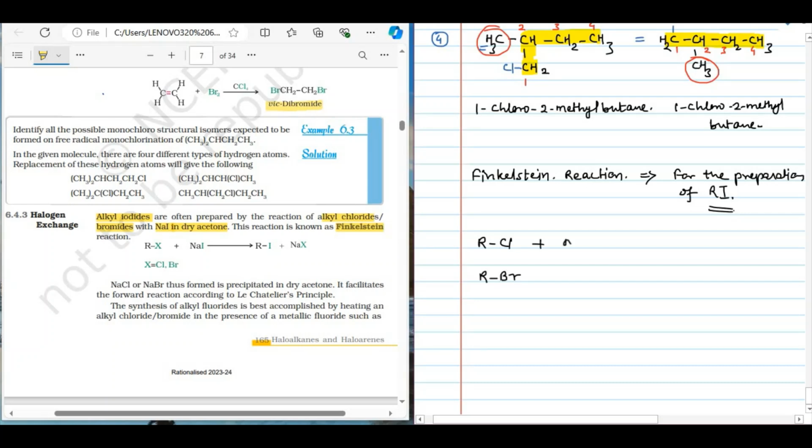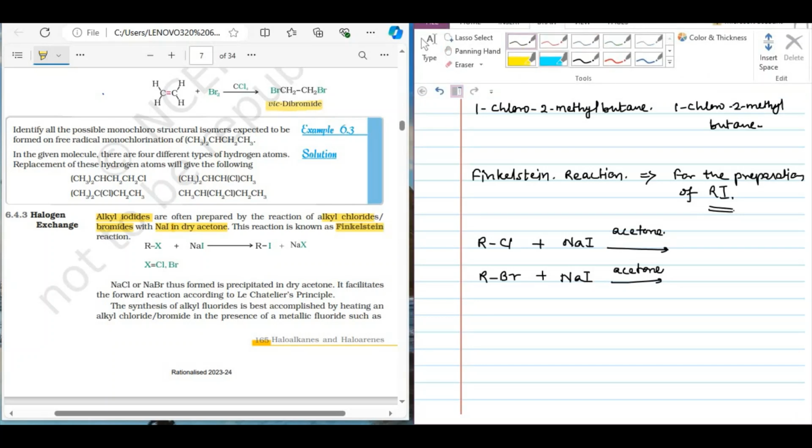When it reacts with NaI, here also you can do the same reaction with NaI in acetone. So acetone is the reaction medium. Here also acetone is the reaction medium. So in this reaction what happened?